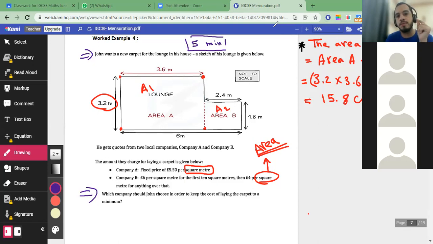We need to make it accurate. So what will 15.8 be?